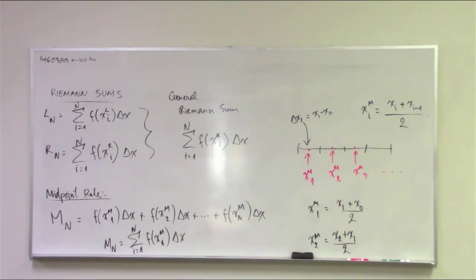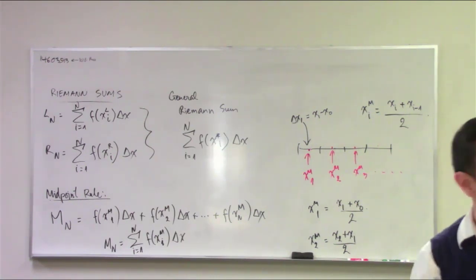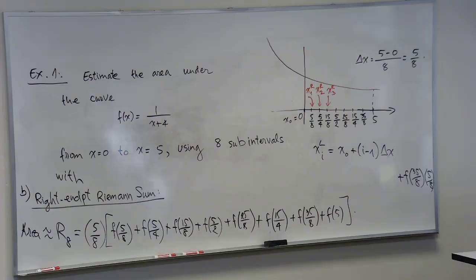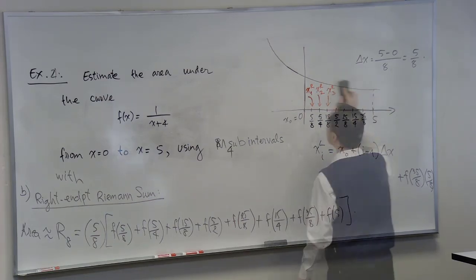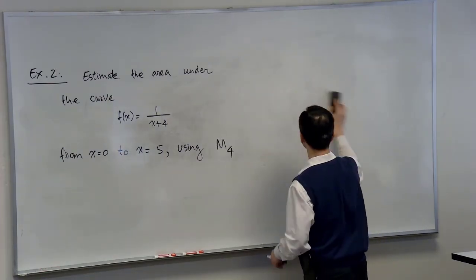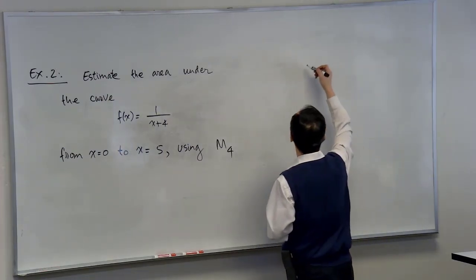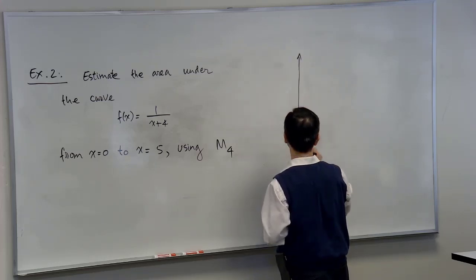Now for this particular midpoint rule, applying that in this problem is a little too much, so I'm going to call it example 2. Here, for this brand new example 2, it's the same function and the same area that we're estimating.